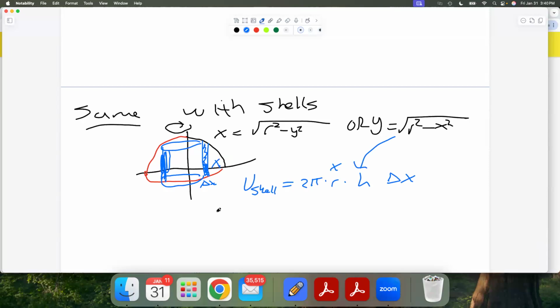I can't use this version. Okay, what are my limits here? Don't go from here to here. Remember, this rotated all the way around. We just started with a quarter circle, so I only need to go from here to here. So my limits will be 0 to r. So I'll have the volume of the hemisphere, not the whole thing. We're going to double when we get to the end.